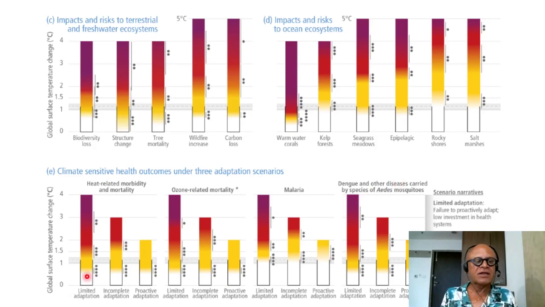So we're looking at limited adaptation. Incomplete adaptation reduces the risk here. Proactive adaptation, you can see, extends the region of low risk to 2 degrees C.